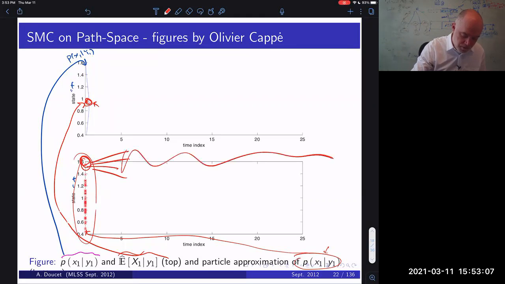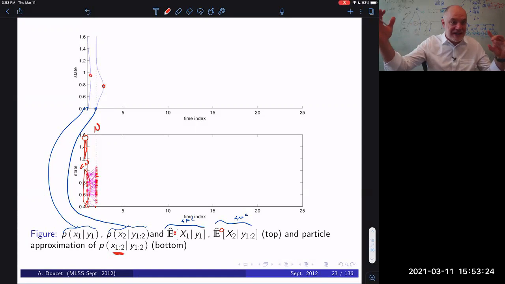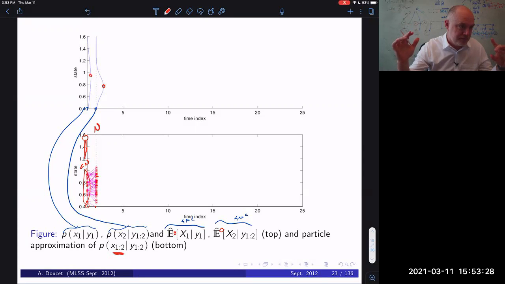So we're removing all of these futures, but by removing all of these futures, we are effectively eliminating the number of particles that can have children. So we have entire lineages that are killed off, right? And that's what's happening.